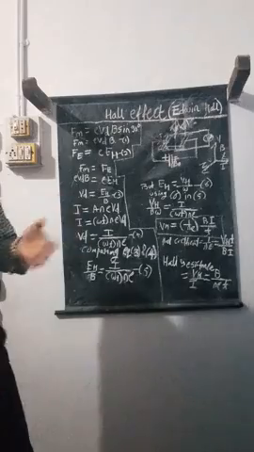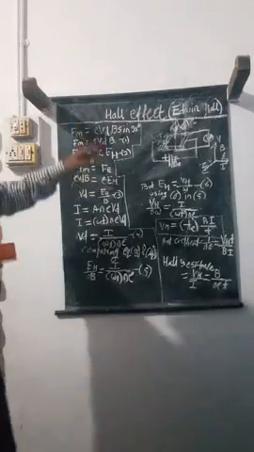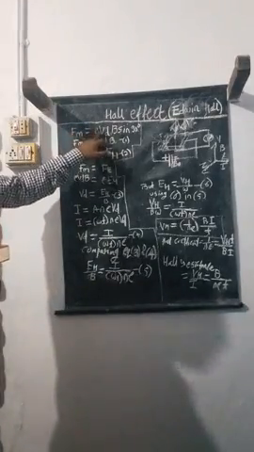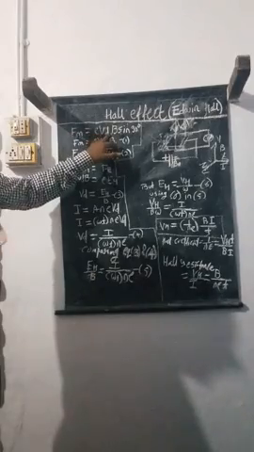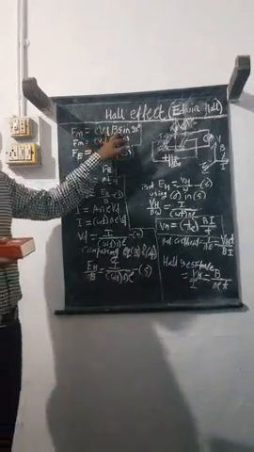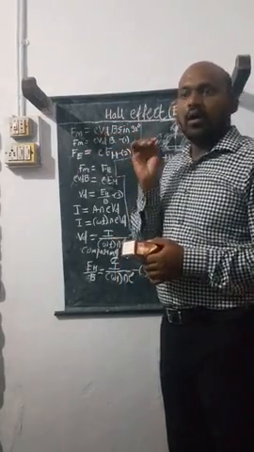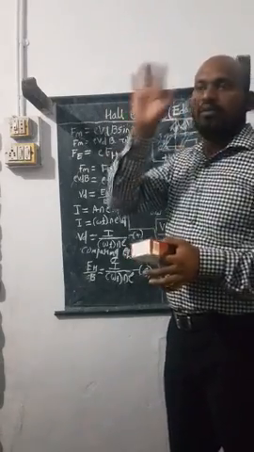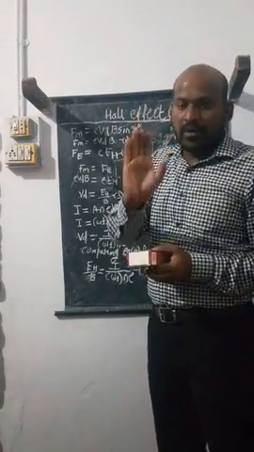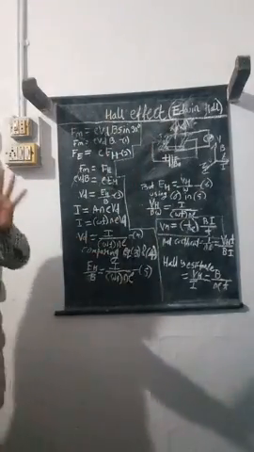The magnetic force depends upon the charge of the particle, the drift velocity, the magnetic field, and sine theta. How can I write this equation in product form? You all know the force of the magnetic field depends upon the charge, velocity, and magnetic field.